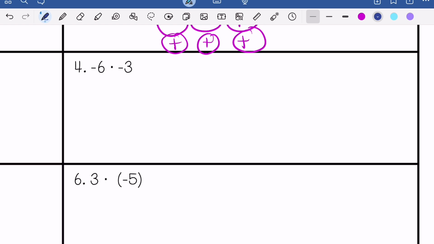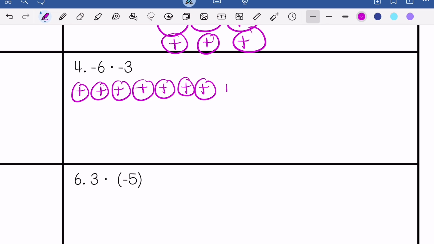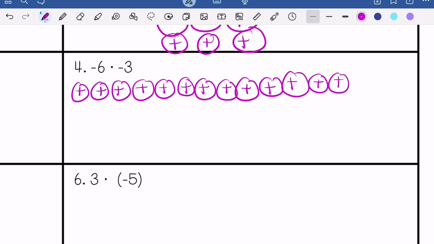All right, this time I have two negatives. 6 times 3 is 18. So I'm going to draw 18 zero pairs. This might be where you want to follow the method of my other video. 12, 13, 14, 15, 16, 17, 18.